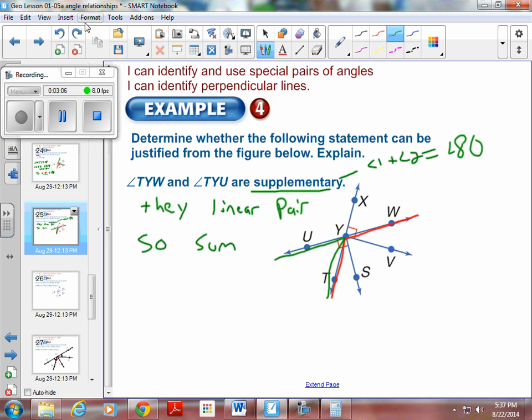Let me go back. The lines are 180 degrees. And since they're a linear pair and lines make 180 degrees, then these two have to make 180 degrees. So they have to be supplementary. So this is also a yes.